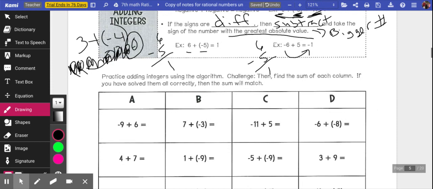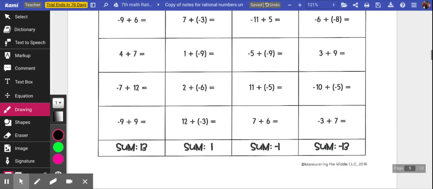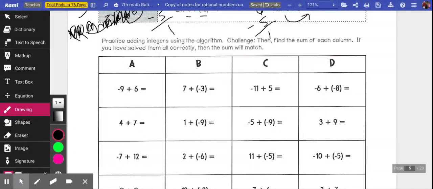Okay, so practice adding these. I will do a few and then I'll kind of have you do some. So -9 plus 6. They're opposite signs. So we do 9 minus 6, which is 3. And then we take the sign of the bigger number.